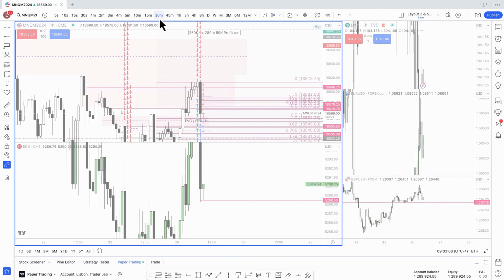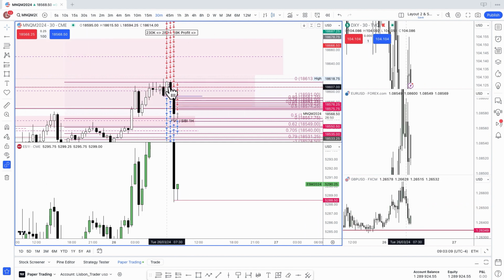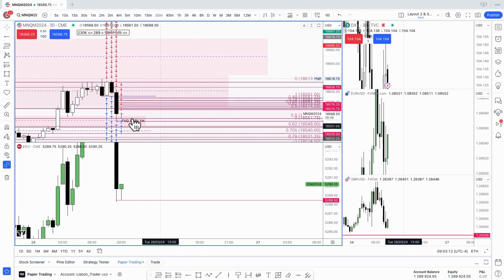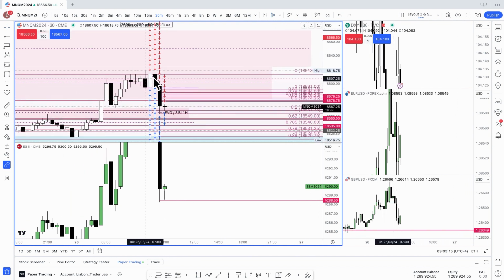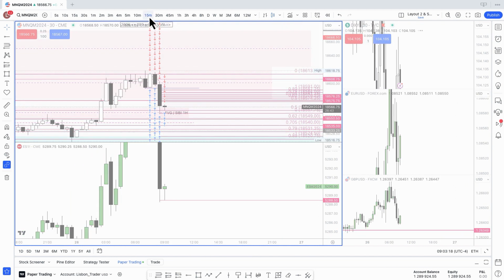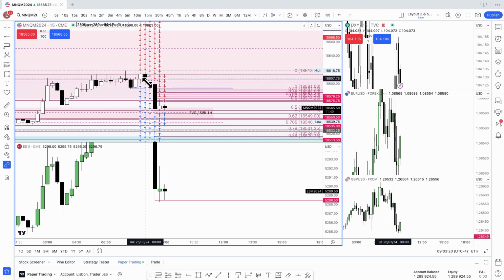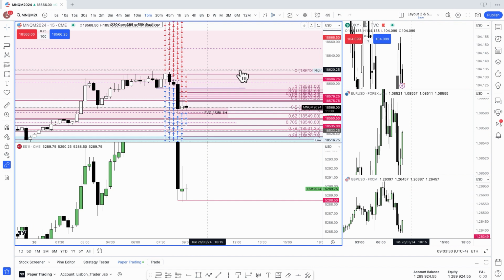Let's consider this 1, 2, 3. Well, at the start of the 30-minute candle, so 1 hour and a half, let's say. 1, 2, 3, 4, 5, 6. So 1 hour and a half of trading.